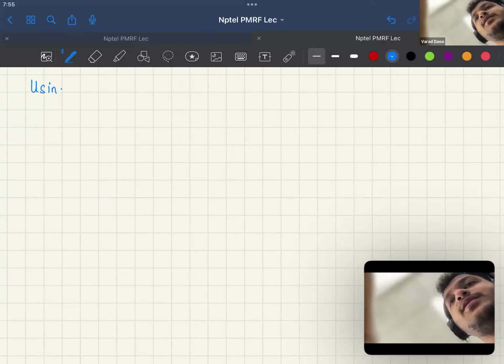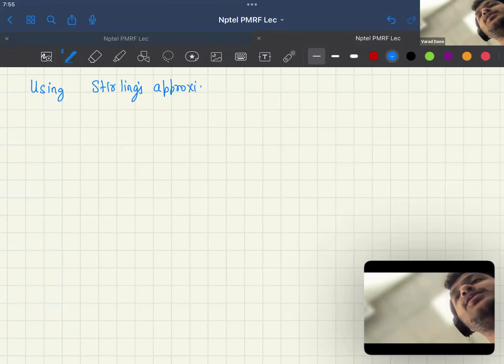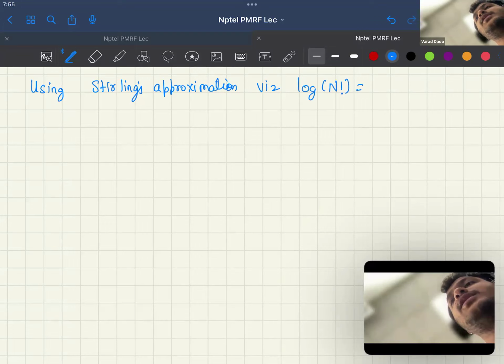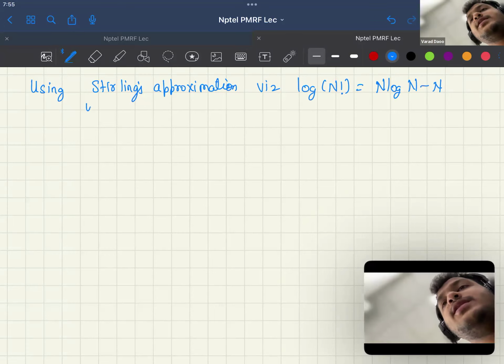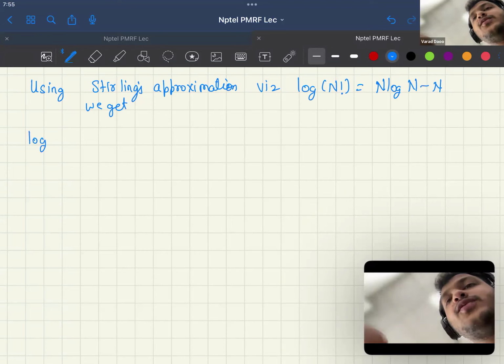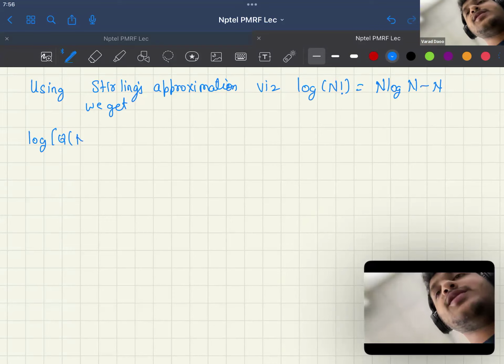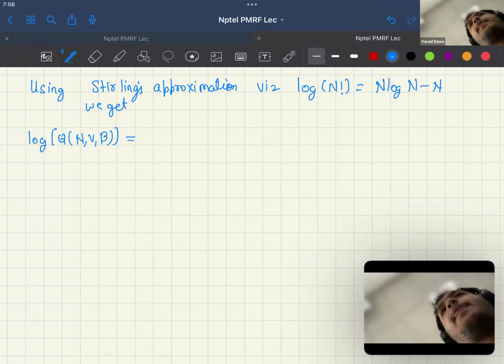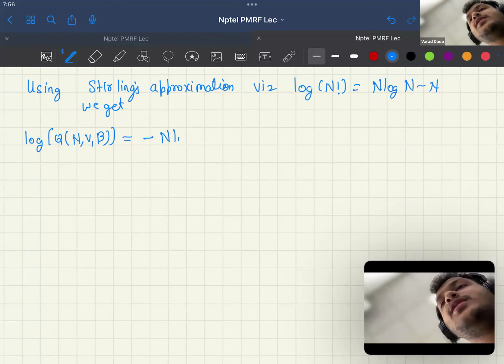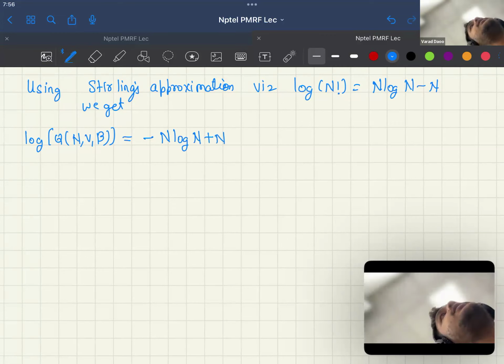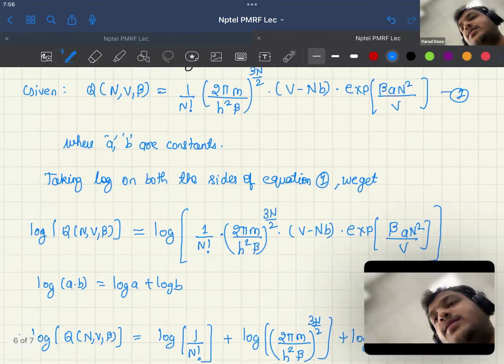So using Stirling's approximation, which is log of N! is nothing but N log N minus N, we get log of Q(N,V,β) is equal to minus N ln N plus N plus 3N/2 ln of 2πm/h²β, plus N ln of (V − Nb) plus βaN²/V, correct?